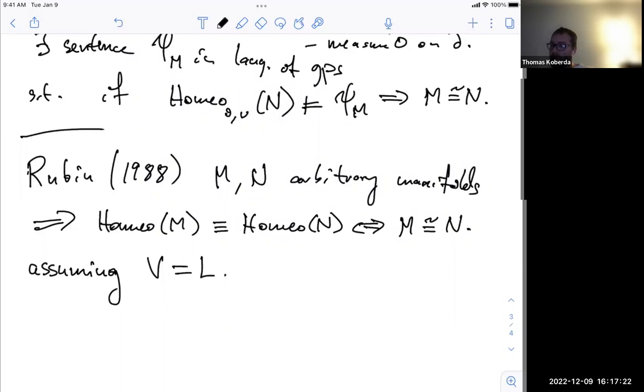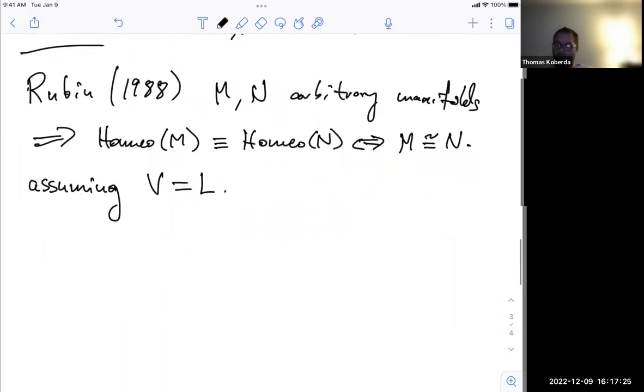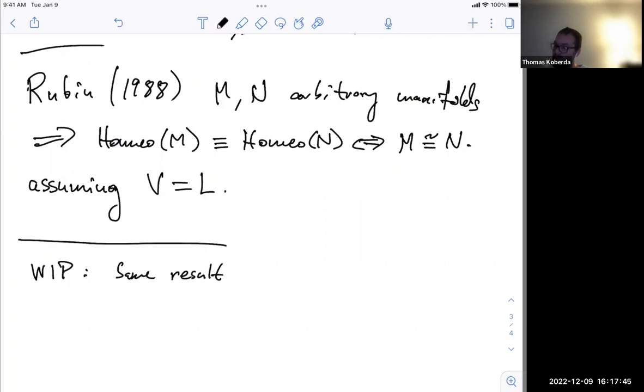And I'll just remark that the way that I'm announcing the result, and the way that it's written up in the preprint that I advertised at the beginning, we assume that M is closed. But with some work in progress, the same result is true when the boundary of M is non-empty, right?